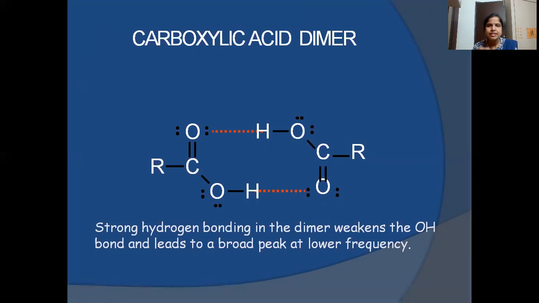Whether it is an alcohol or a carboxylic acid, if we want to differentiate, one thing we have to remember is that in alcohol, OH will be a little bit broad, whereas in carboxylic acid, it will be very broad. The other peak we have to observe for carboxylic acid is C double bond O, which should also appear. Then only we can say that it might be a carboxylic acid functional group.